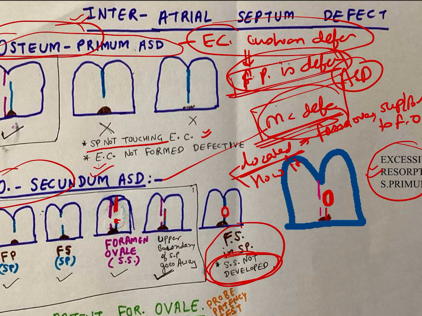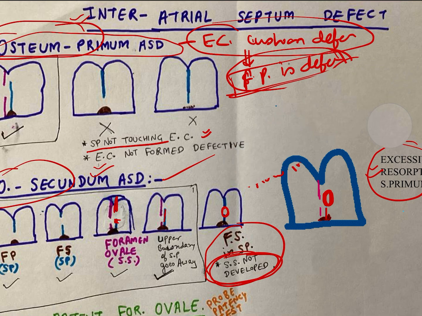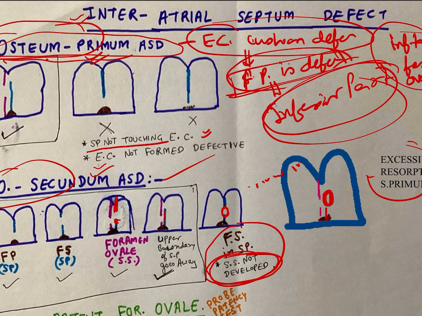We are aware that the foramen primum is located at which part? The foramen primum is located at the inferior part. Hence, where is the ostium primum located? The ostium primum is located inferior to the fossa ovalis. This ostium primum ASD is comparatively rare, but it is associated mainly with Down syndrome.